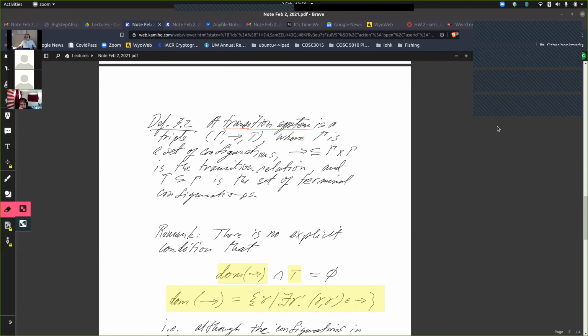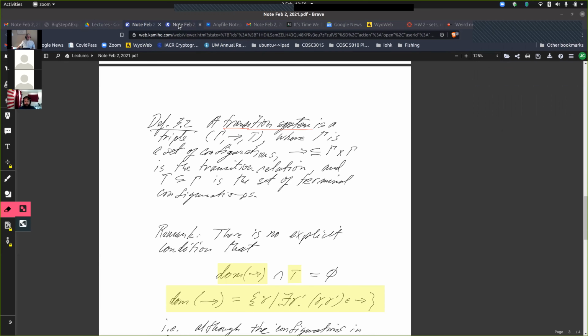It looks like 9 and then 10, so about 35 people raised their hands. Okay, so almost everyone has seen a state machine before.